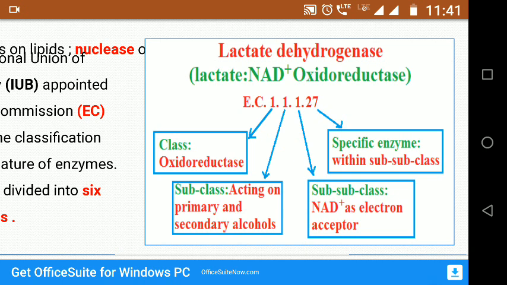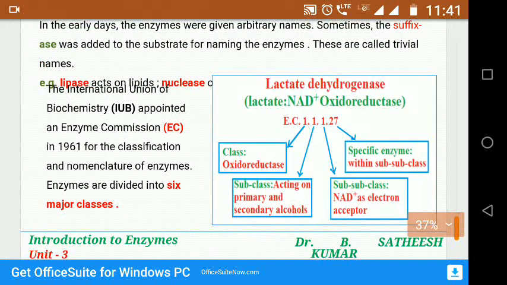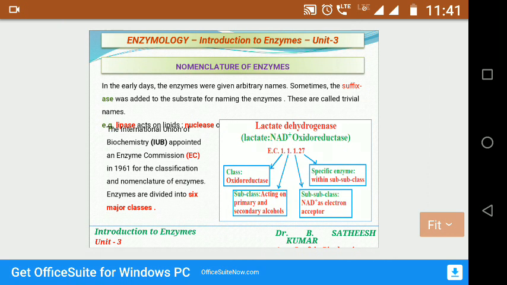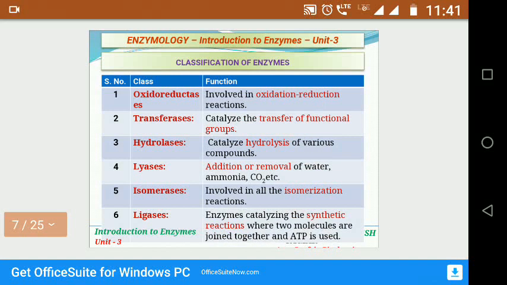So we have only 4 numbers in the EC number: the first for class, the second for subclass, the third for subclass, and the fourth a specific number for the particular enzyme. For any 2 different enzymes, the EC number will be different. The class may be the same, the subclass may be the same, but the specific number will differ. The next thing we are going to discuss is the classification of enzymes.